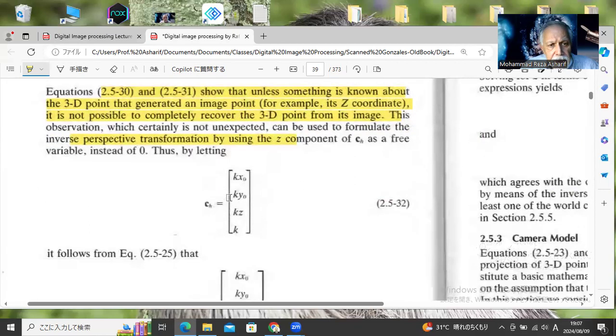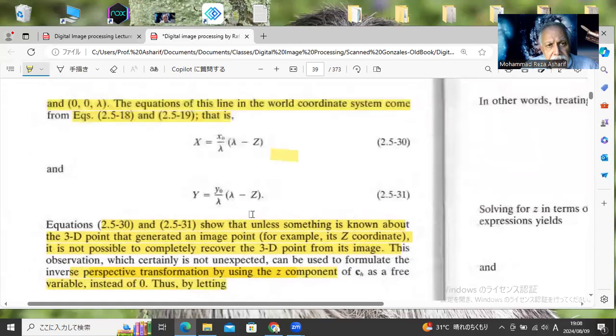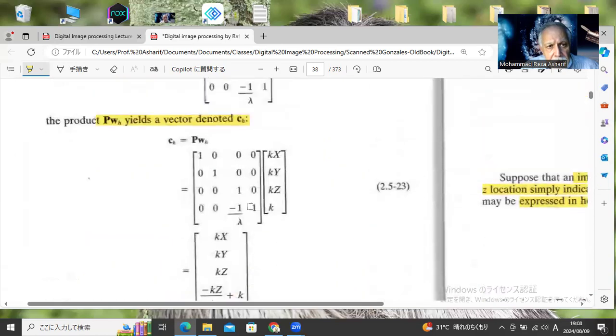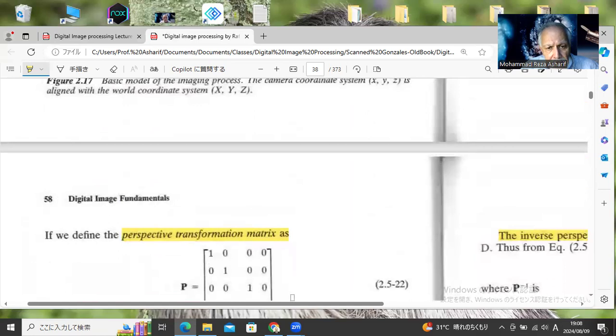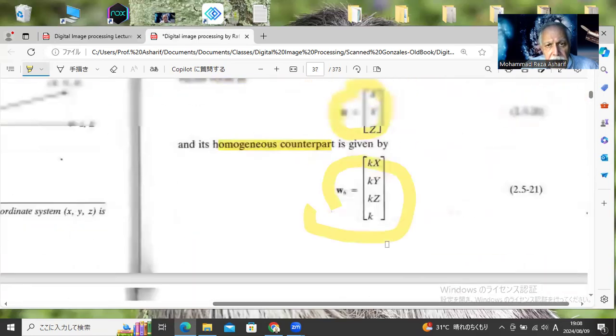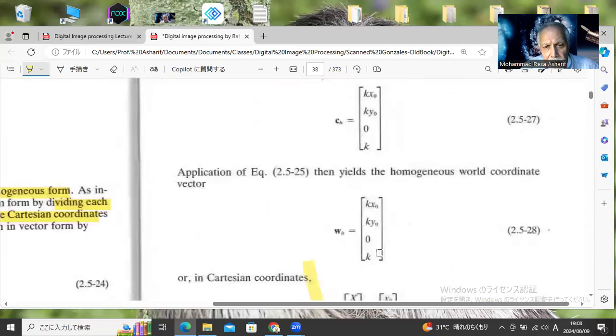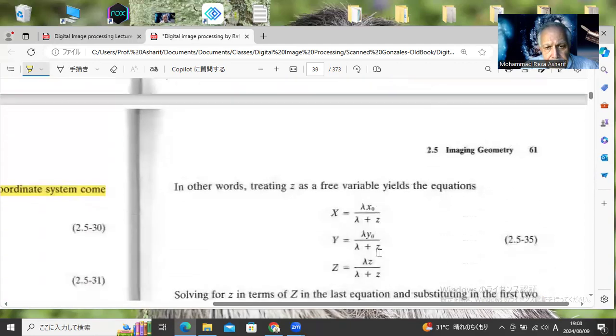So CH is kx0, ky0, and kz. So we assume a free variable, using the z component of CH as a free variable. If we put CH here, let me show here.